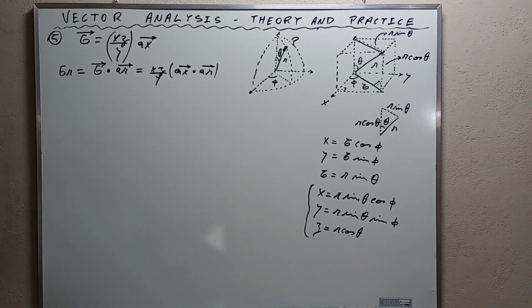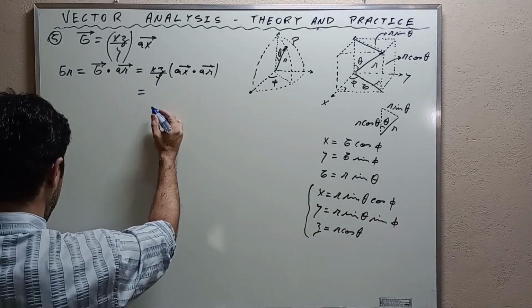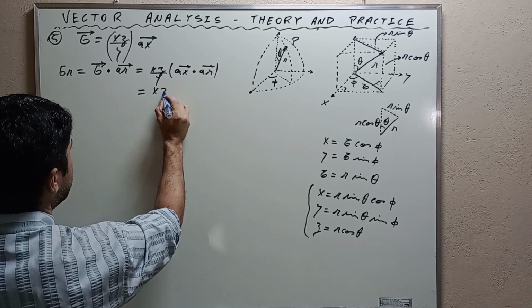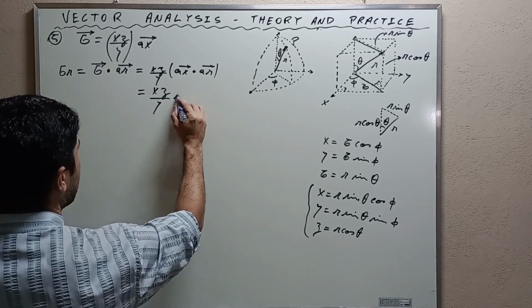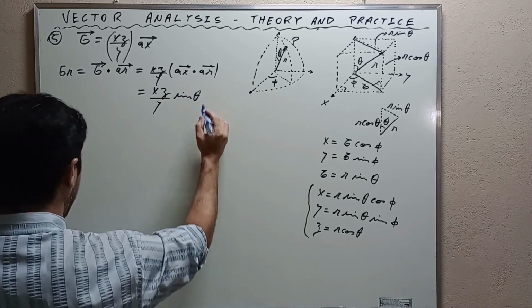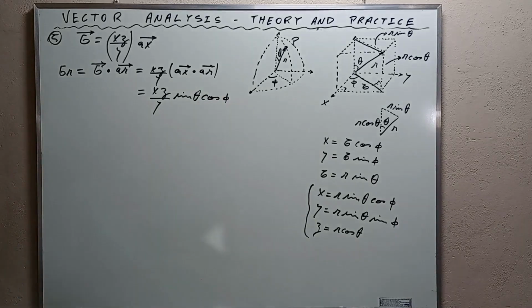And with some manipulation, and knowing that ax dot ar is sine theta times the cosine of phi, this is equal to xz over y sine theta cosine phi, okay?